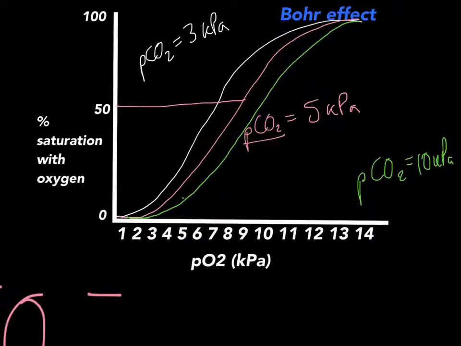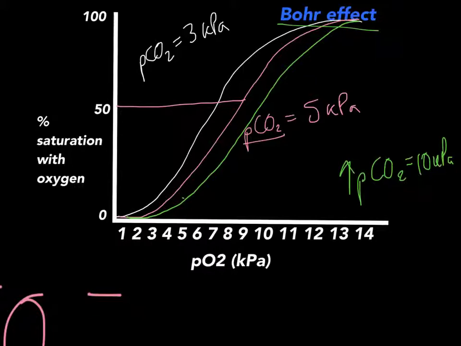This makes the oxyhemoglobin dissociation curve shift downwards and to the right, and we call that the Bohr shift. This is what we call the Bohr effect, this whole idea that oxygen is dissociating from the hemoglobin molecule because of this increased carbon dioxide concentration.